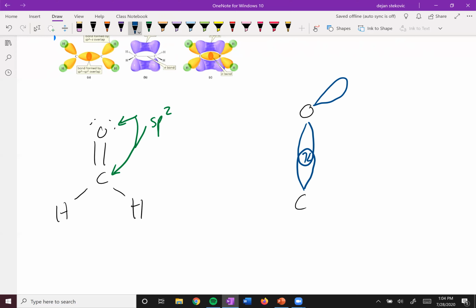And then we have two more sp2 orbitals. In the case of oxygen, these two are going to be filled by the lone pairs of oxygen. In the case of carbon, there will be one electron in each, and then they'll be overlapped by the hydrogens.